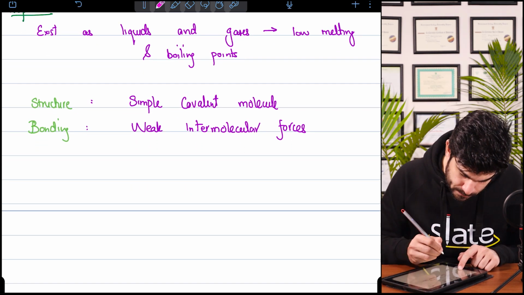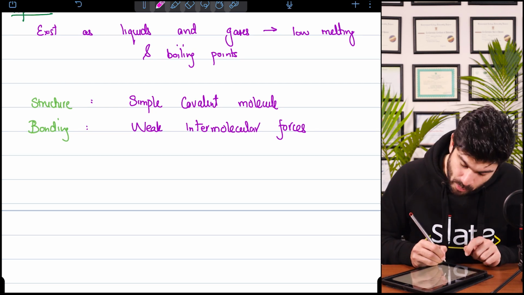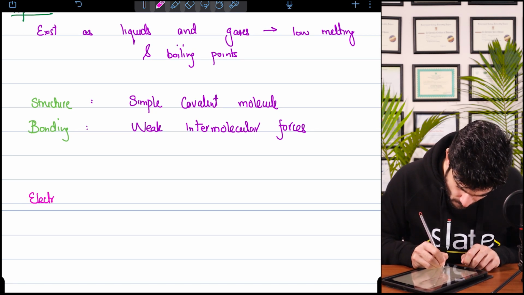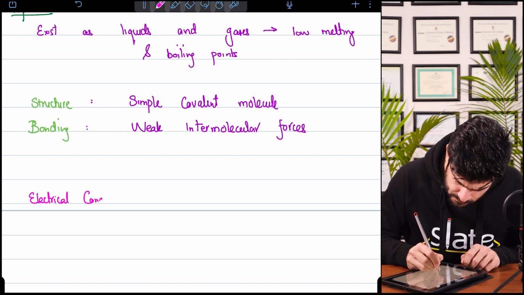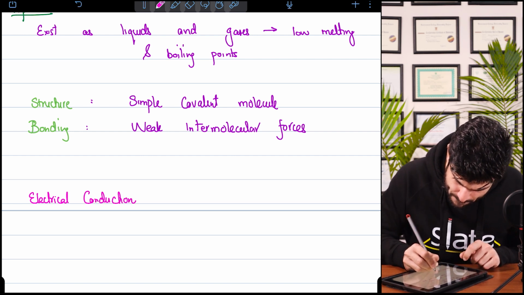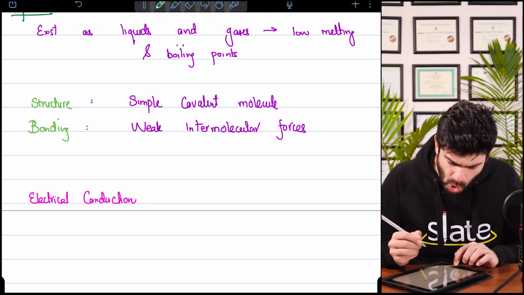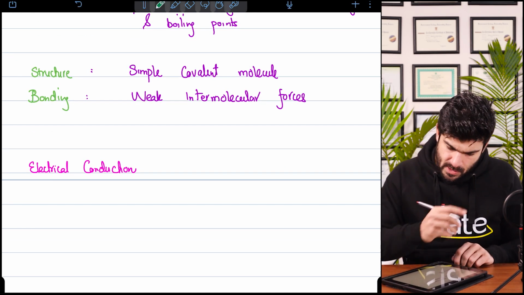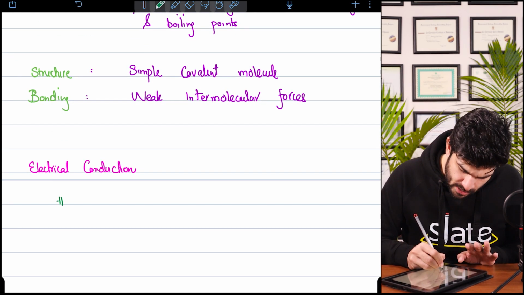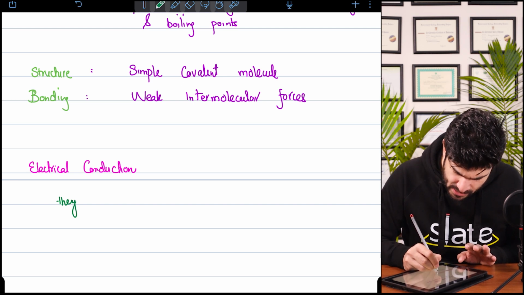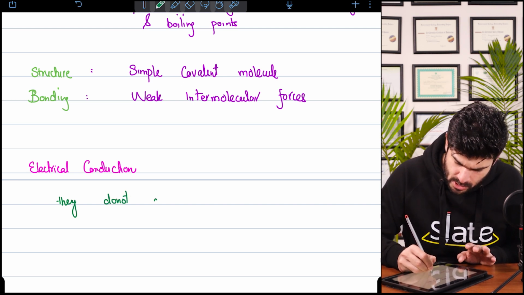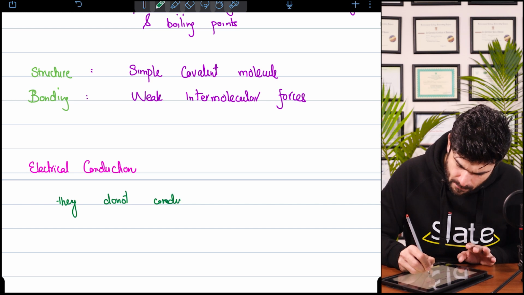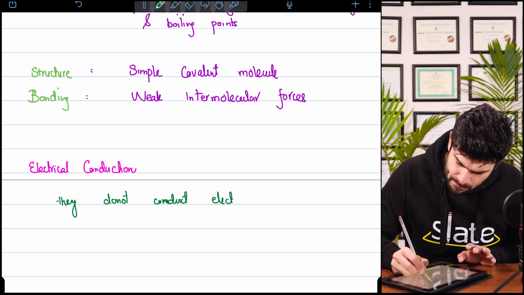Now, after that, the second important property is electrical conduction. Students, when we talk about electrical conduction, they simply do not conduct electricity.